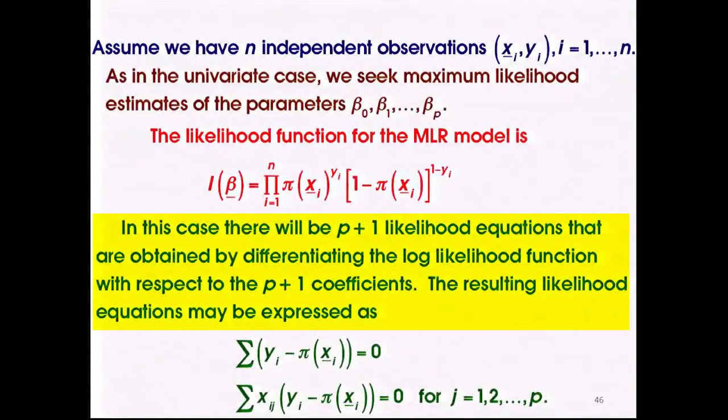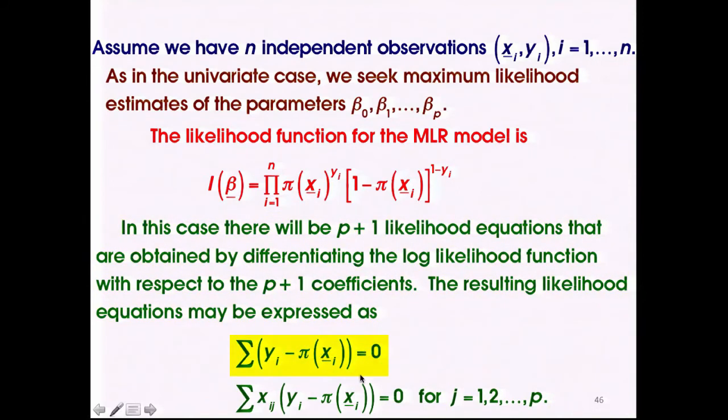In this case, there are going to be p plus 1 likelihood equations obtained by differentiating the log likelihood function with respect to the p plus 1 coefficients. This results in p plus 1 normal equations, which we would attempt to solve for beta naught, beta 1, all the way up to beta p.